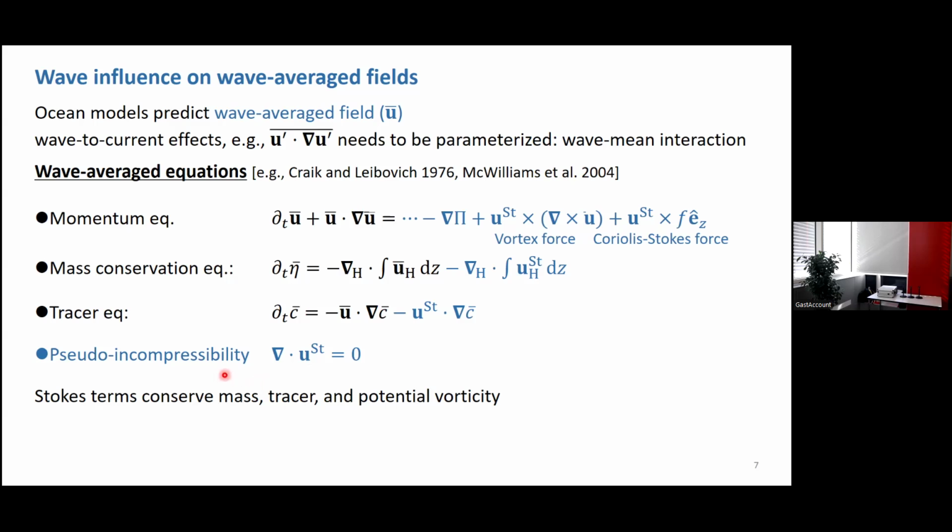This is done because, first, we don't need to change the basic framework of the numerical ocean models, which is typically incompressible. Another reason is that even if we approximate with Stokes drift incompressibility, this set of equations holds basic properties such as mass conservation, tracer conservation, and potential vorticity conservation.